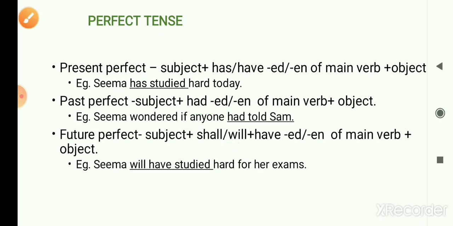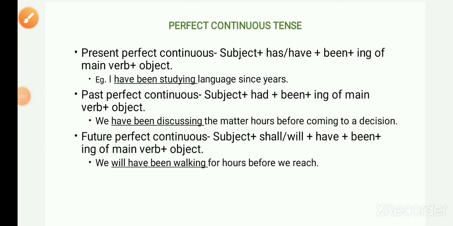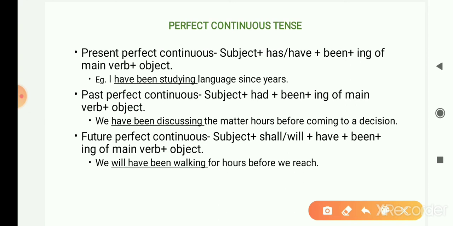Now let's study perfect continuous tense. Here in a particular sentence you will find a mistake. You have to identify that mistake. Before that, let's go to the rules and study them. Present perfect continuous.